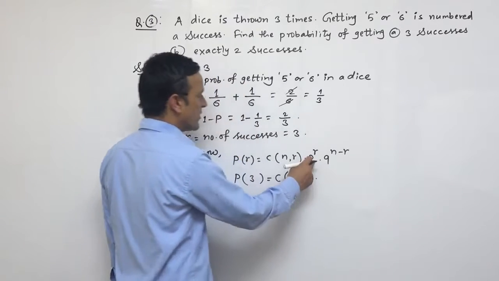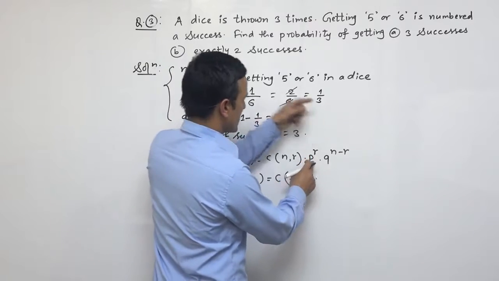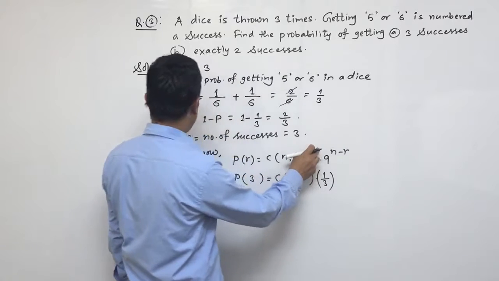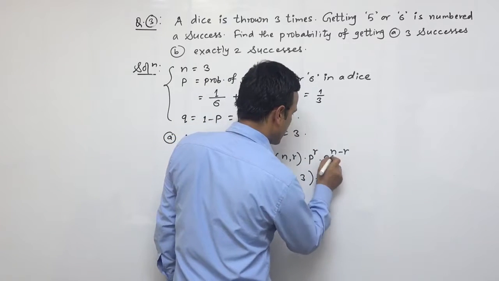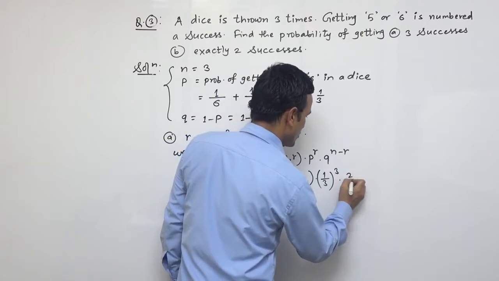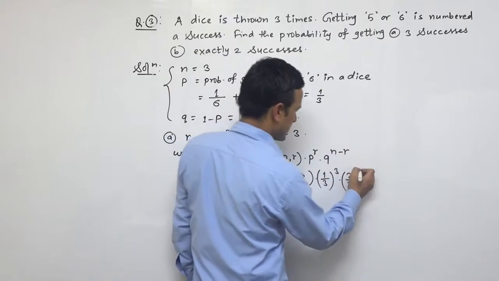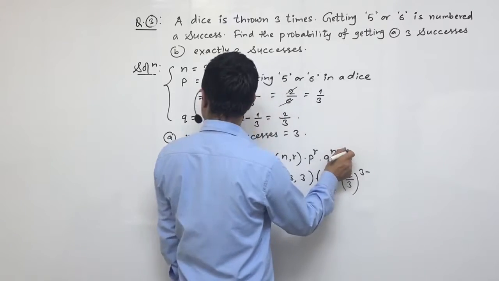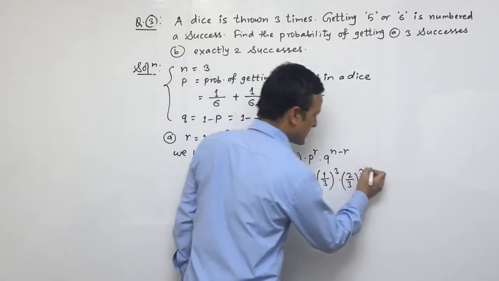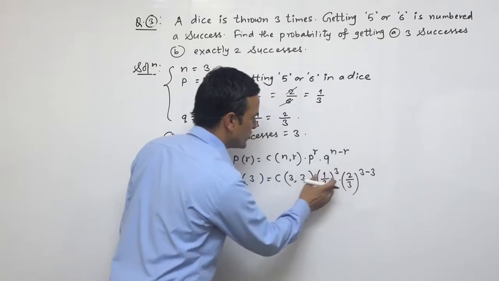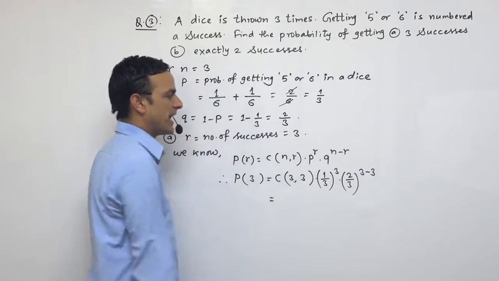And the value of P is 1 upon 3, and the power R is also 3. The value of Q is 2 by 3, power N minus R, which means 3 minus 3. So this is the value obtained by substituting in this formula.